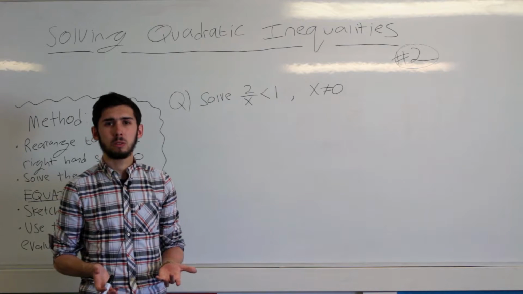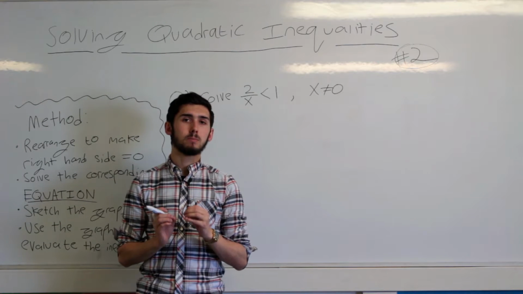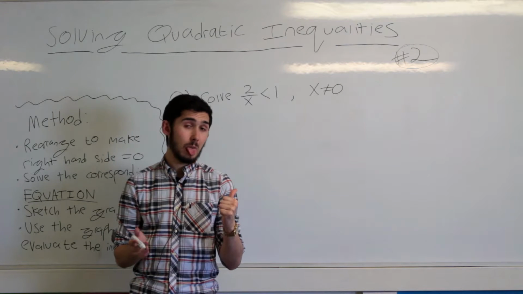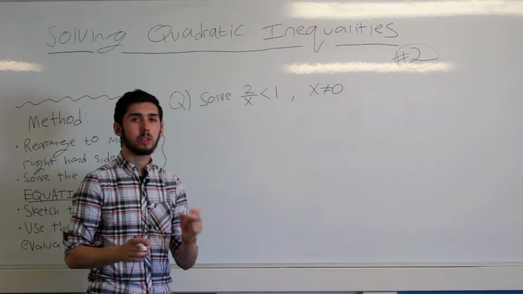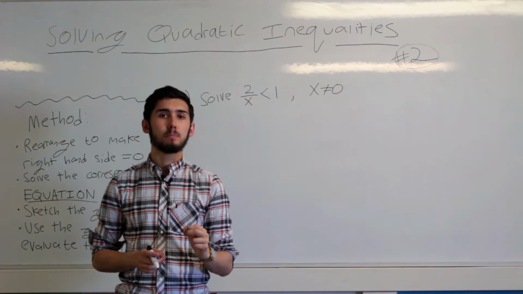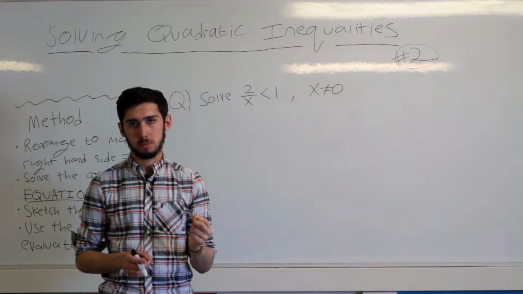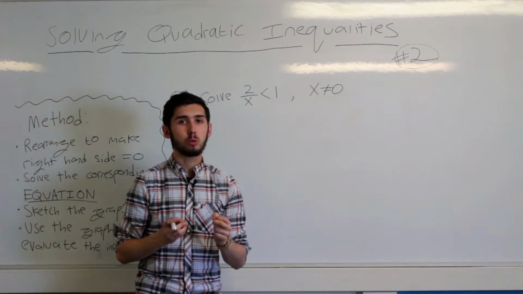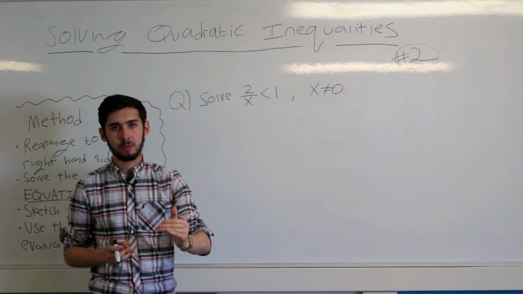So what do we do? We do something really clever. If you ever have to multiply by an unknown number in an inequality, you must multiply by the square of what you're supposed to be multiplying by, which means you need to multiply both sides, not by x, but by x squared, okay?